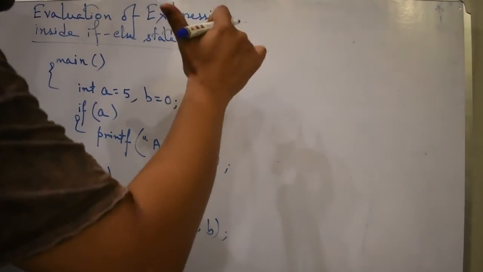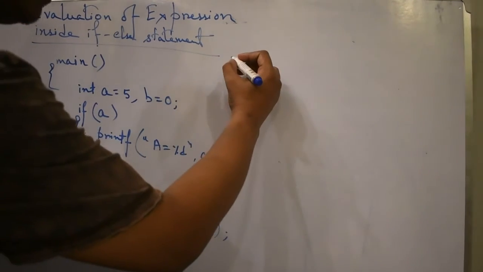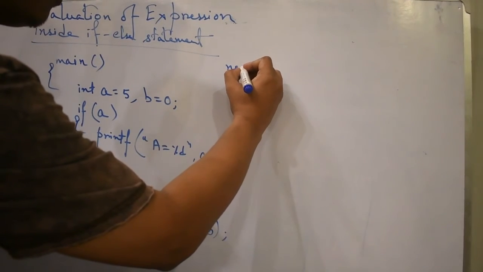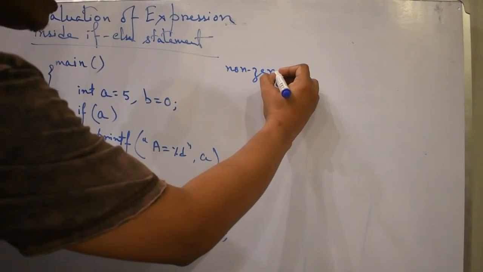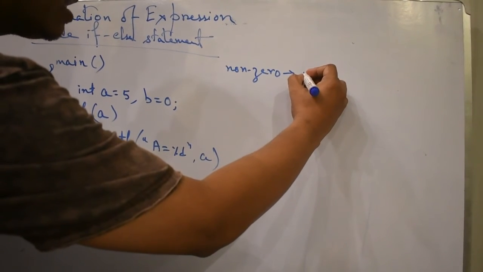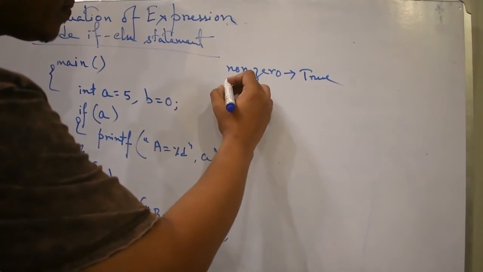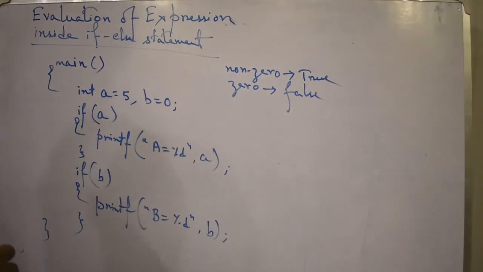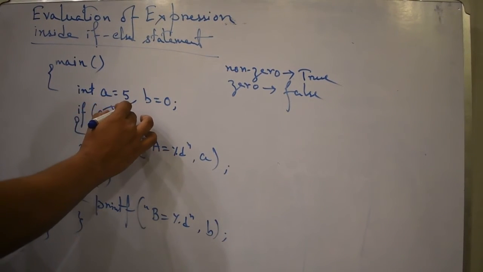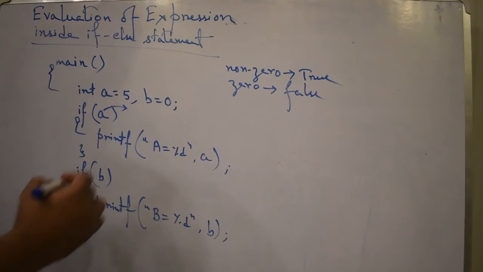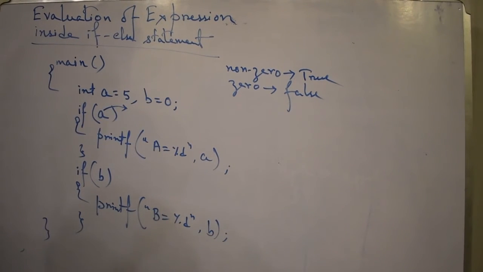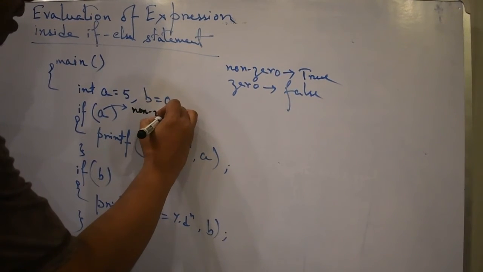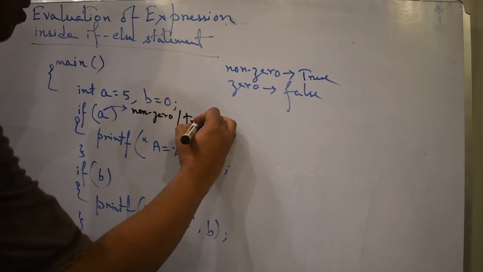So let us go to the thumb rule. Remember the thumb rule in C: any non-zero value is considered as true. Zero is considered as false. So if a is a non-zero value, therefore true.